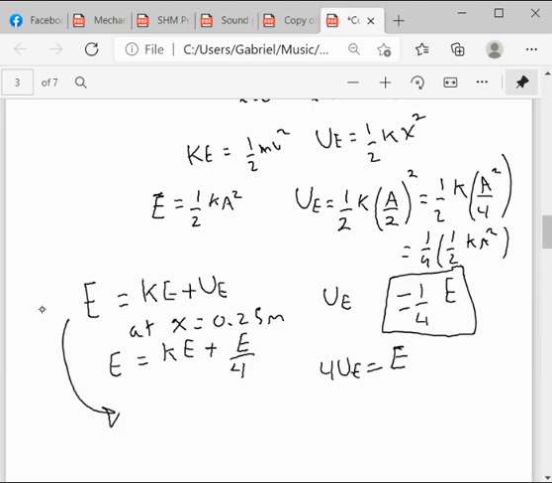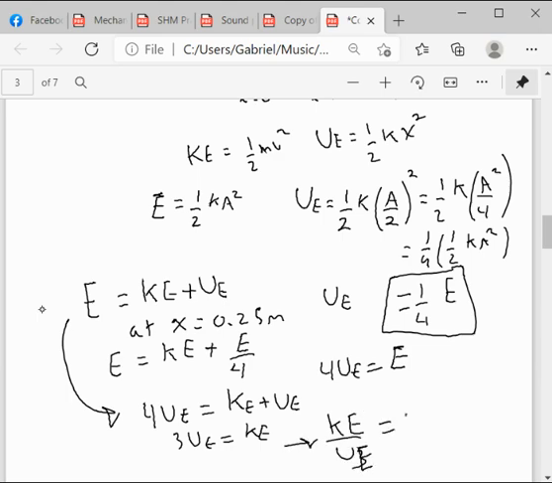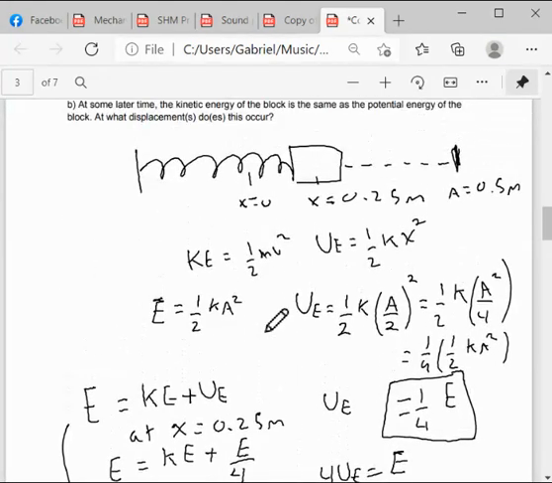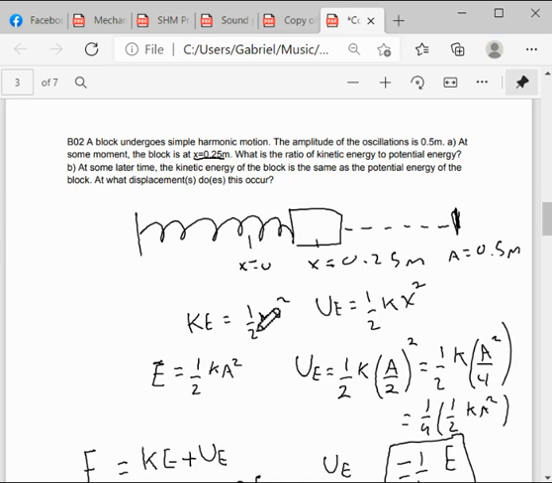So if we go back to this formula, we can write the total energy as 4 times the potential energy, and that has to be equal to the sum of the kinetic and potential energy, which means that if you rearrange this, you get 3 PE is equal to KE, and so the ratio between kinetic and potential energy is equal to 3.